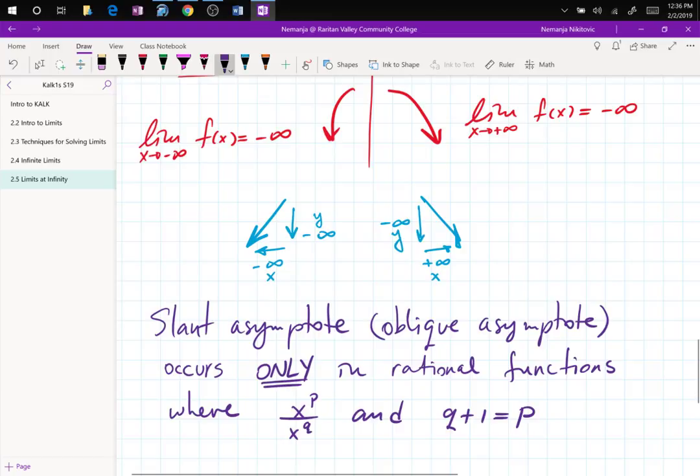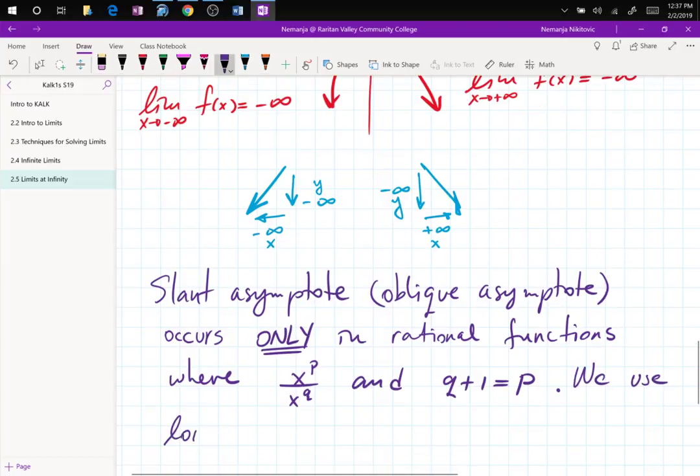So if the degree of the leading term in the numerator is 1 more than the degree of the leading term in the denominator, you have an oblique asymptote, and we use long division to find it. There we go.